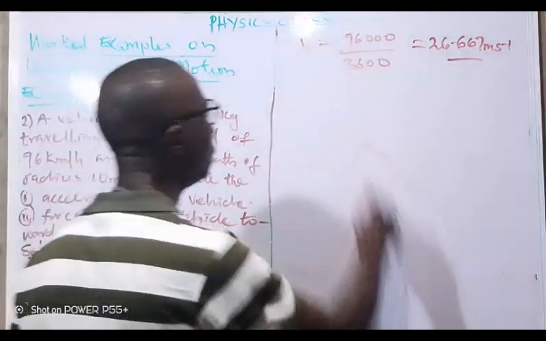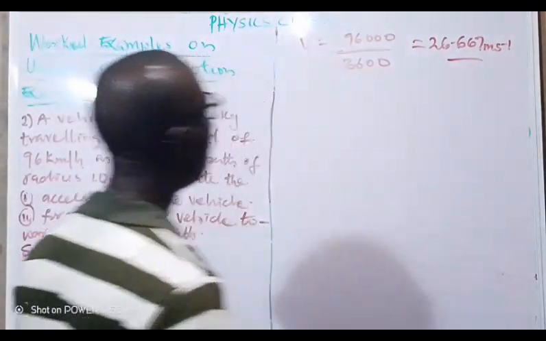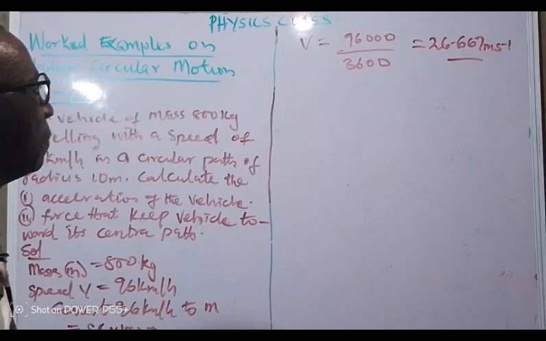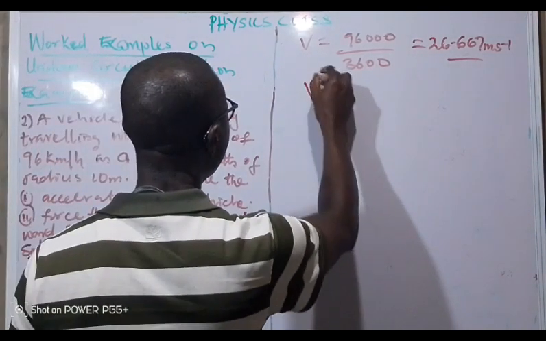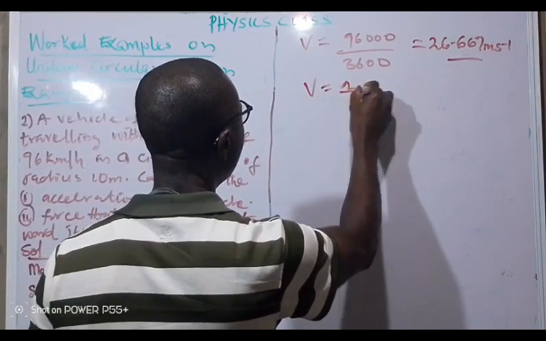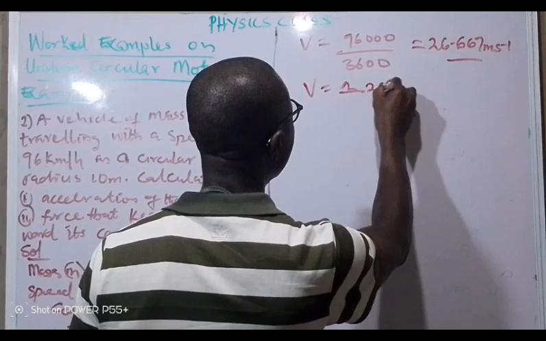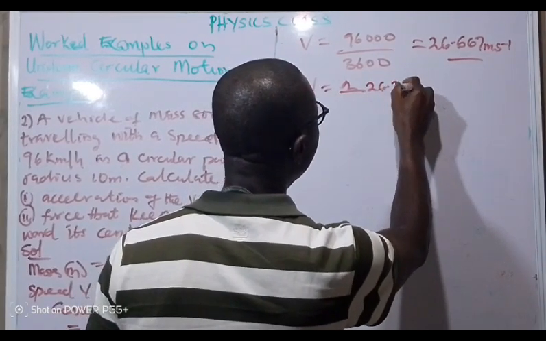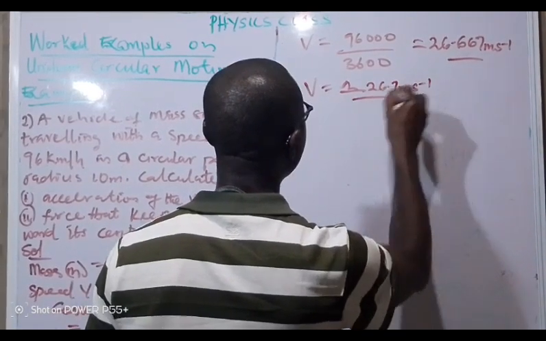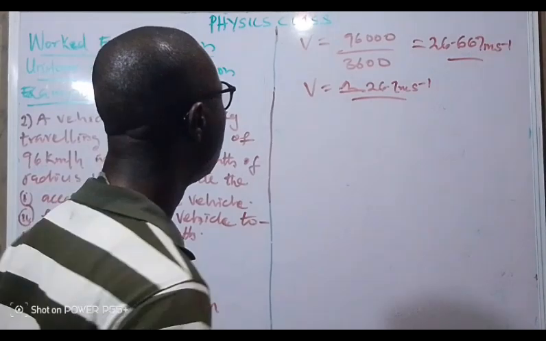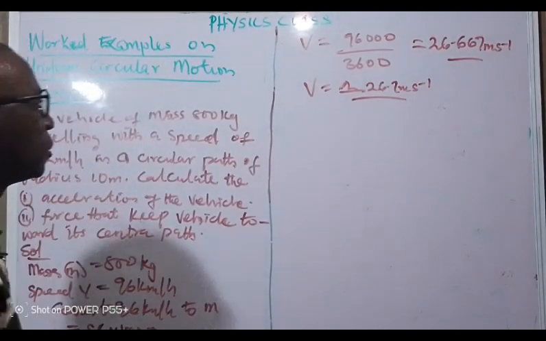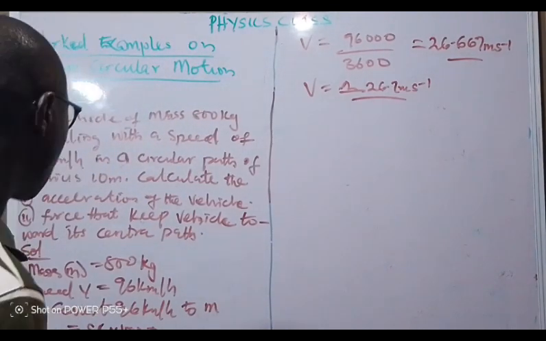So once we know that the speed is 26.667, let's approximate it as 26.7 meter per second.